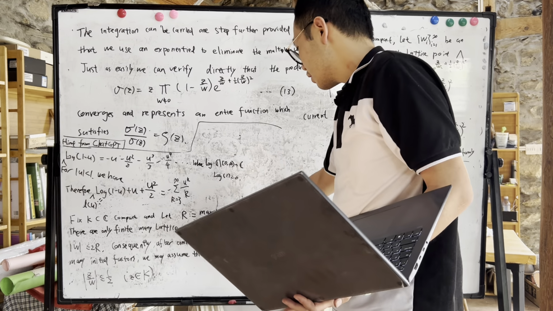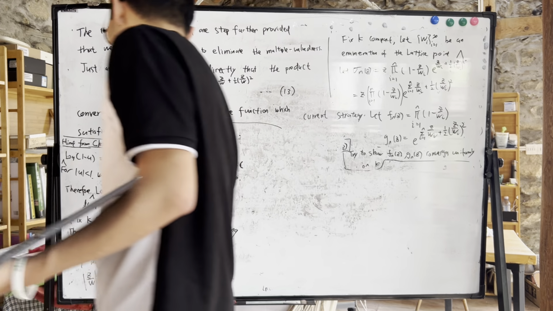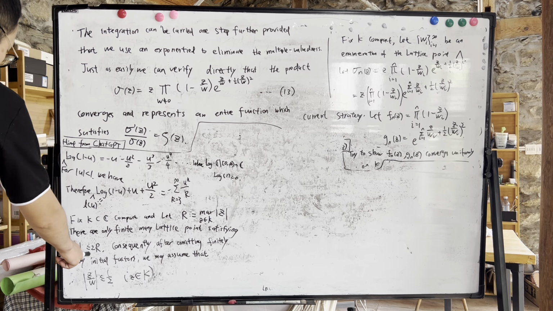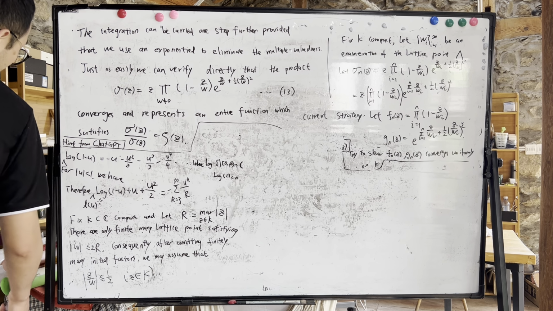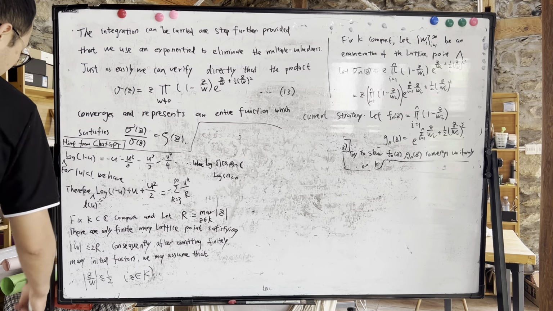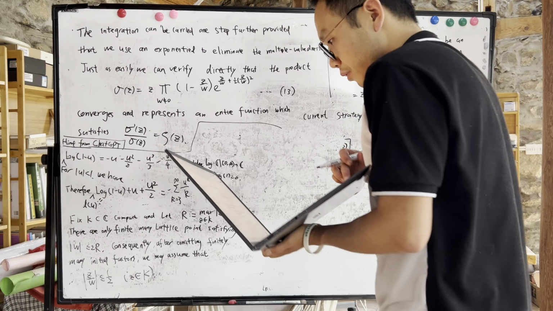Because for large omegas, we know that the modulus of omega is bigger than 2r, and the modulus of z is less than r, so we have that.